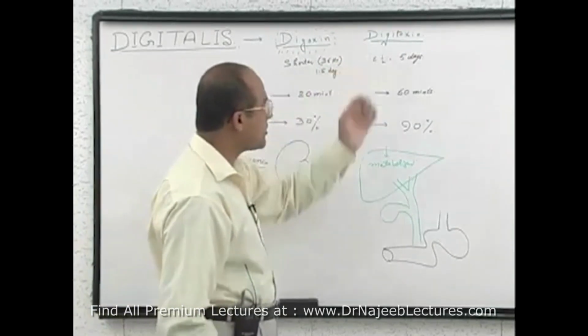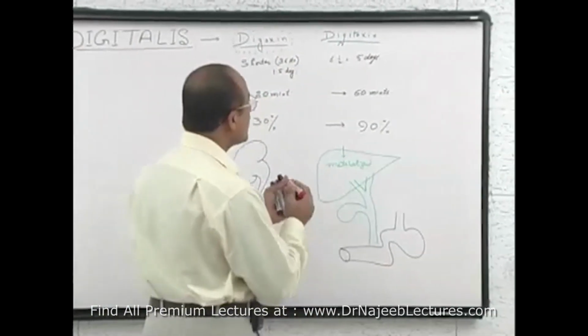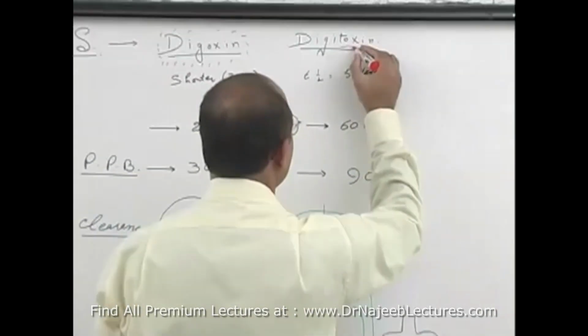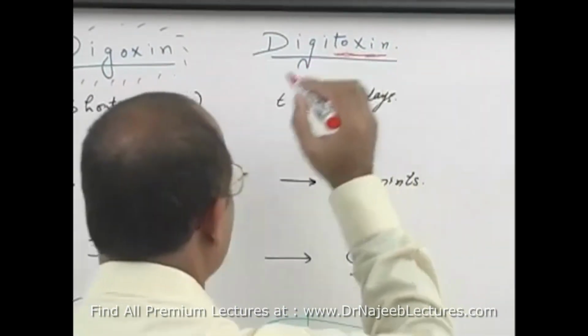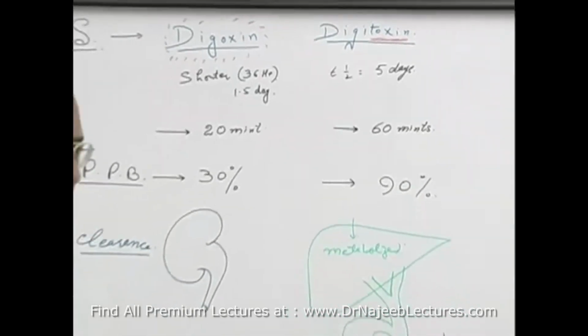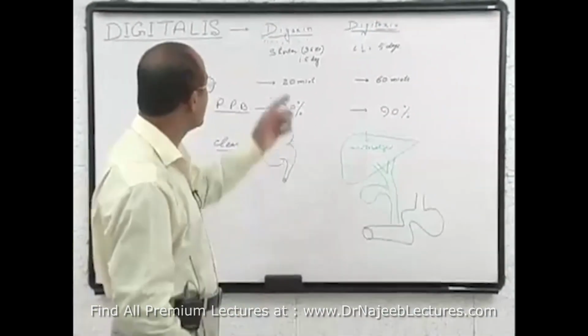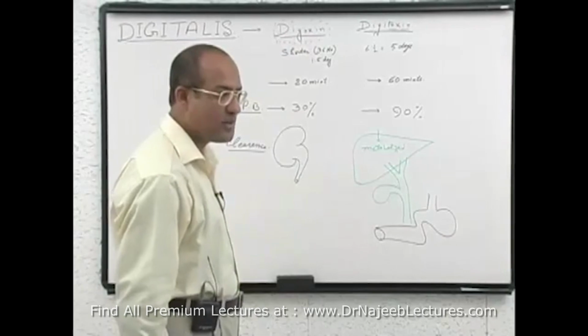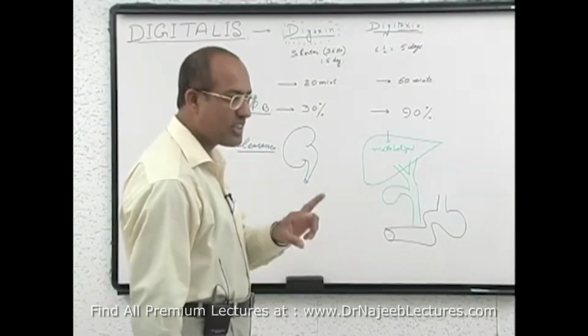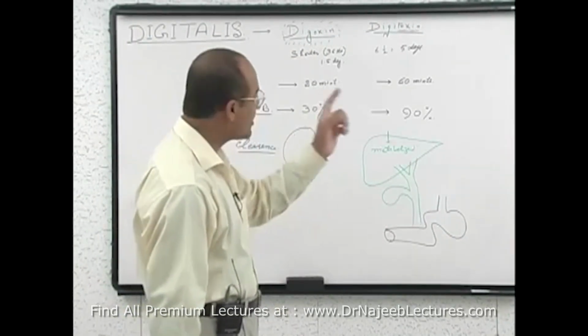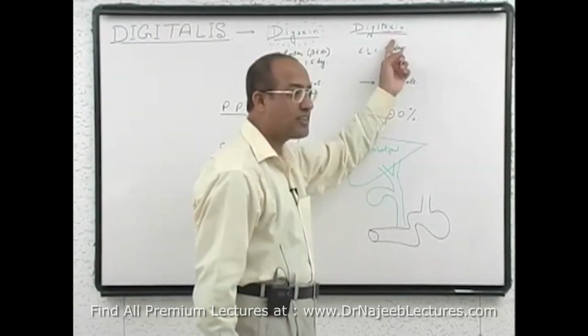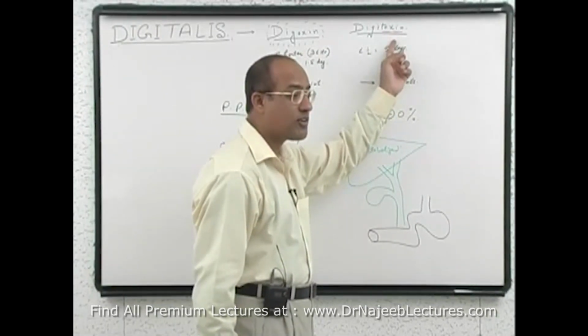The other drug, digitoxin, look at it. In its name it is written that it can act as a toxin. You don't find toxin in digoxin, do you? So whenever you see digoxin and digitoxin, the toxin within digitoxin should remind you it can produce more toxicity and complications.